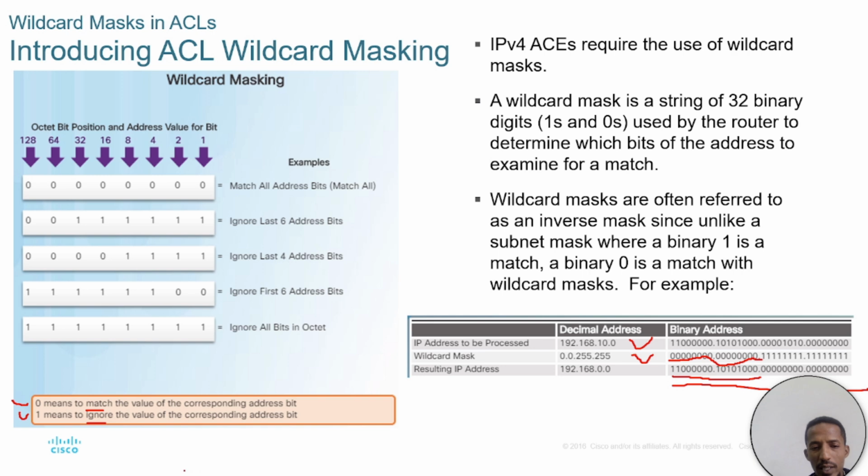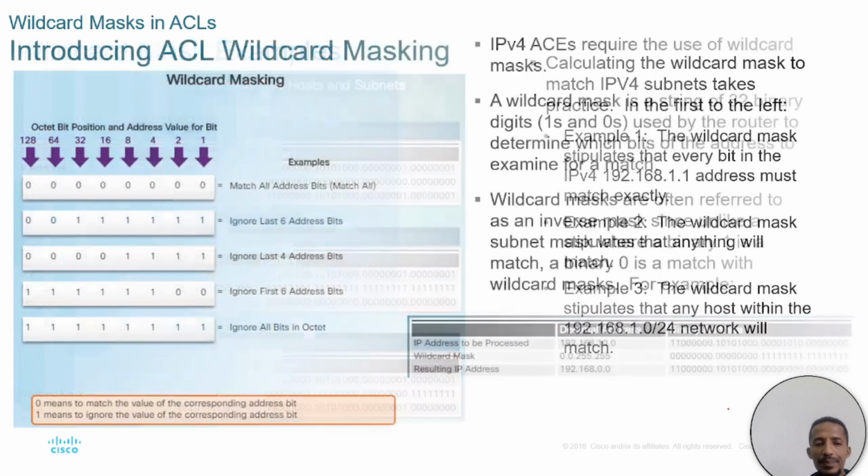But when you have one, what does it say? Ignore. So if you have one, you ignore it, you put 0, 0, 0, 0, that number is ignored. Because even if you have one here, and one here, these numbers will be ignored. That's the meaning of the wildcard mask.